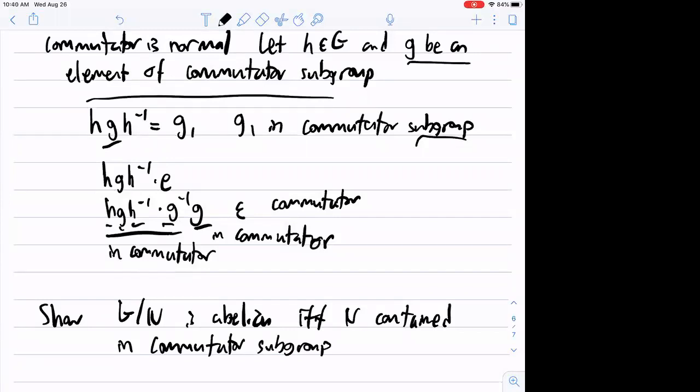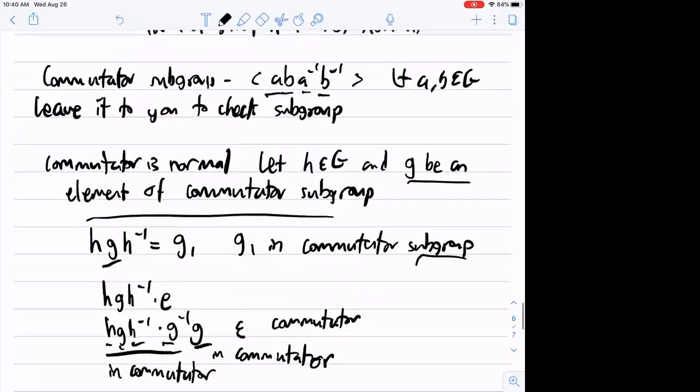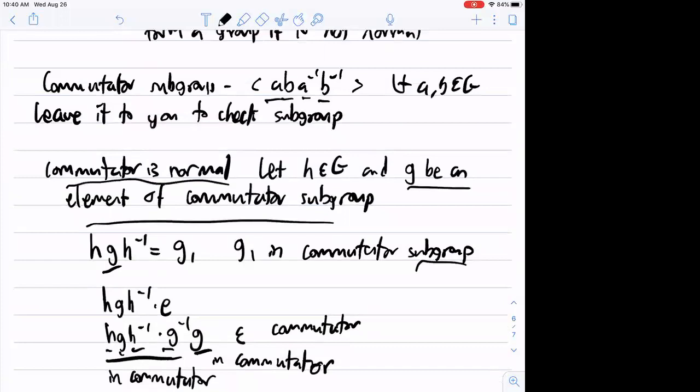I'll let you write the whole proof, it's your homework. That G mod N is an abelian group means in particular it's a group, so N better be normal. And it's normal because the commutator is normal.